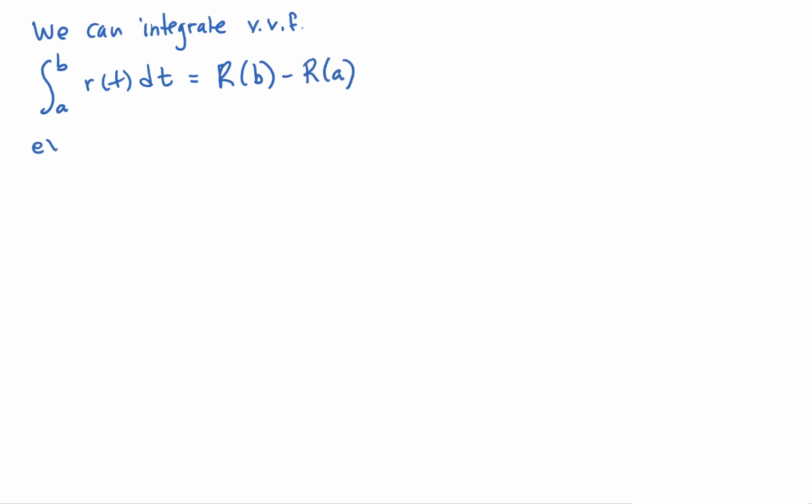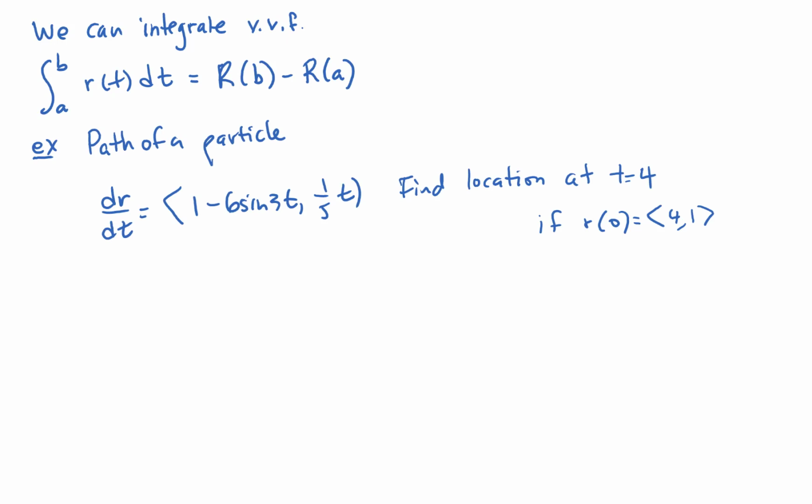For example, we can use integration to do applications, so we can find the path of a particle, and we can find its location, say, of this particle whose velocity, dr/dt, is changing at a vector rate given. This should be the vector symbol. And we can find the location of where it is at a certain time, like t equals 4, if we know the initial vector at time 0.